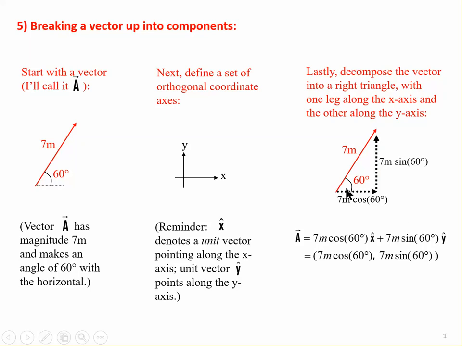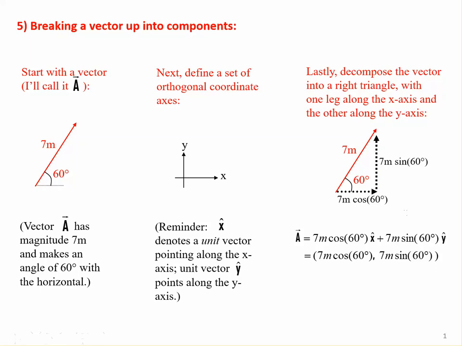So I move this way, and then I move this way, and that's equivalent to this vector here. So this expression right here is what we desire. We've broken the original vector, vector A, up into its x, y components.